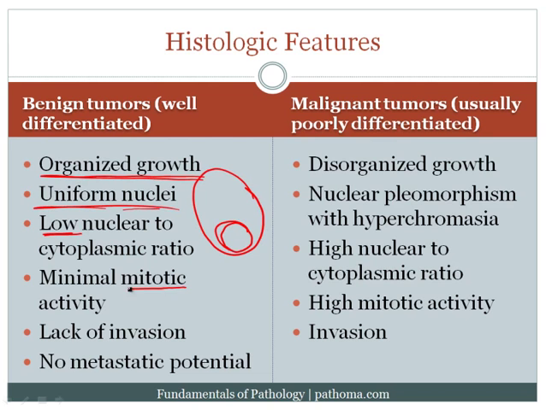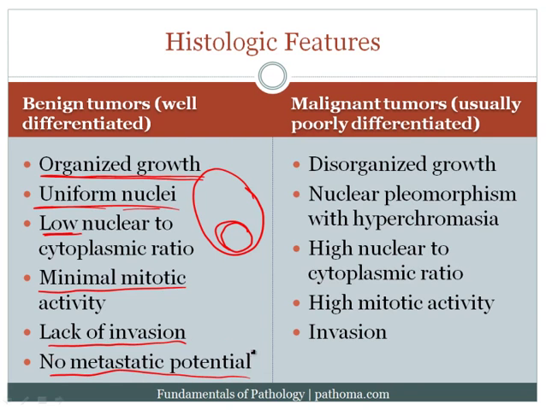There'll be minimal mitotic activity, a lack of invasion, and this tumor will have no metastatic potential, meaning that the tumor will not have the ability to spread outside of that particular organ in that patient or in any other patient. All right, and so that's how we understand no metastatic potential.